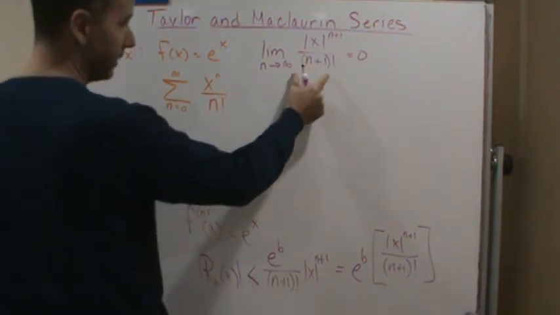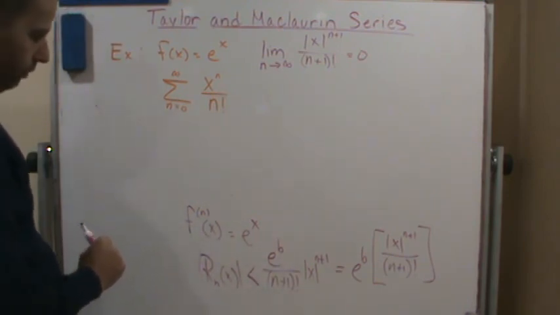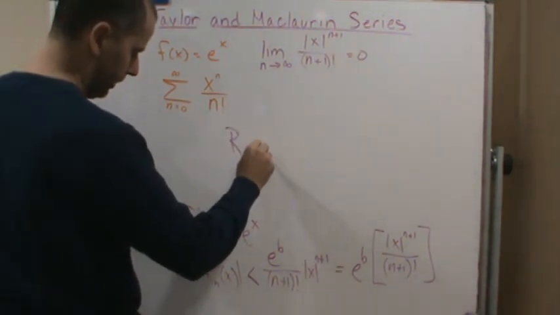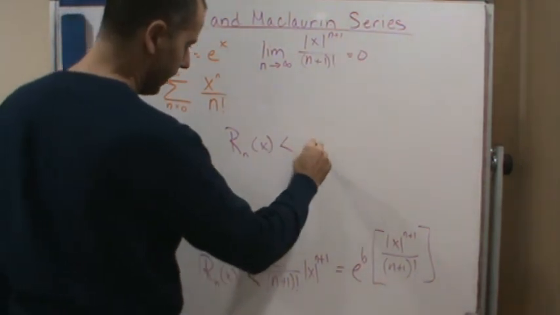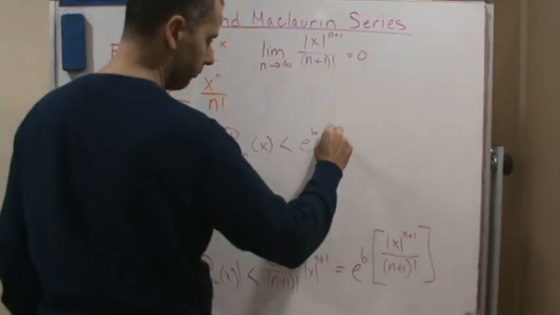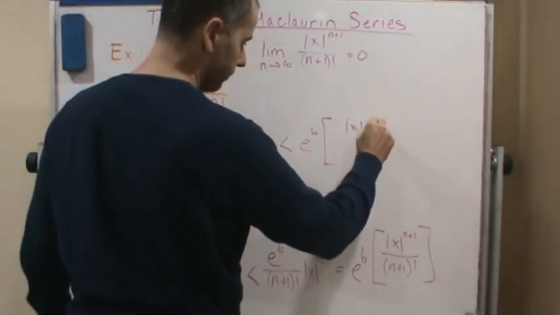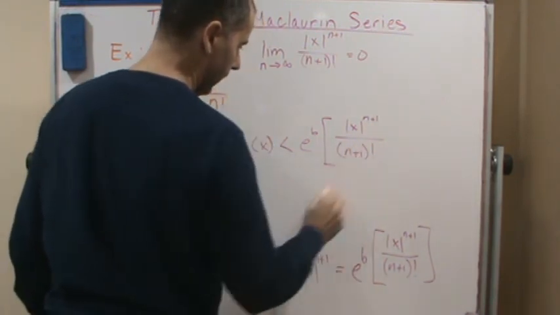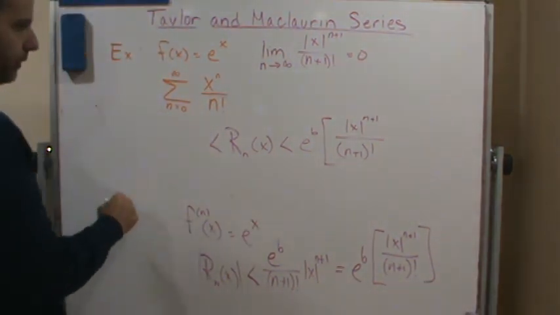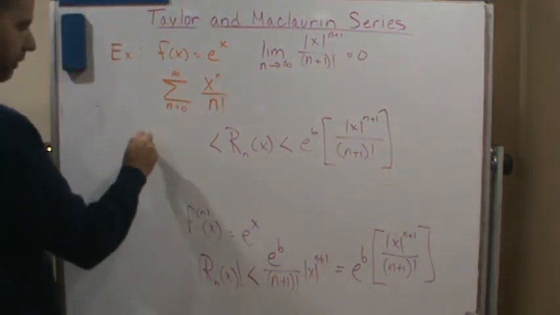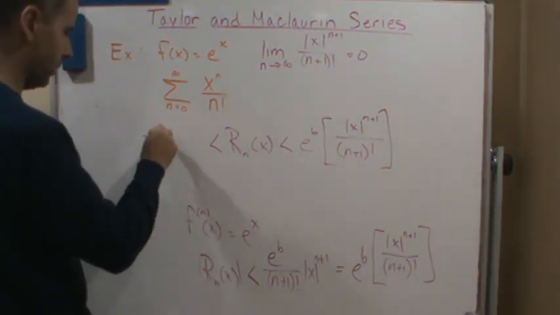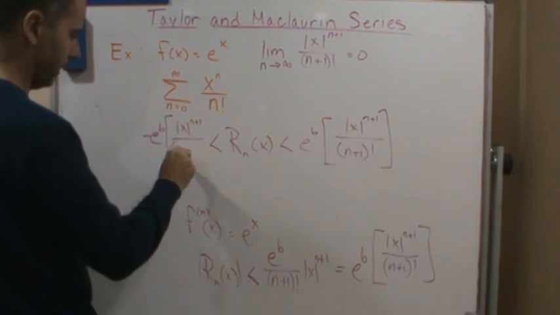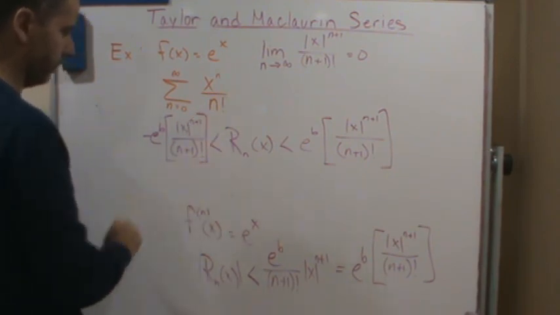So if we use this fact and the fact that r sub n of x has to be less than e to the b times the absolute value of x to the n plus 1 over n plus 1 factorial, and it also has to be bigger than negative e to the b times the absolute value of x to the n plus 1 over the quantity n plus 1 factorial.